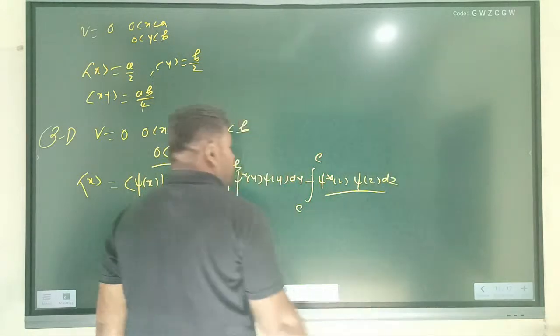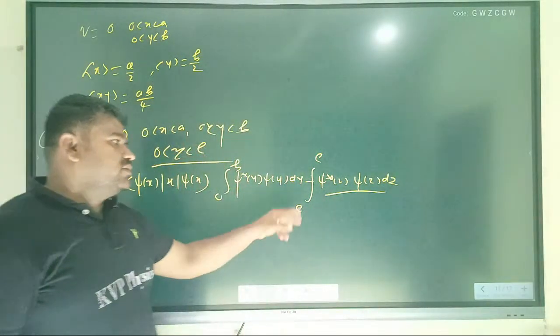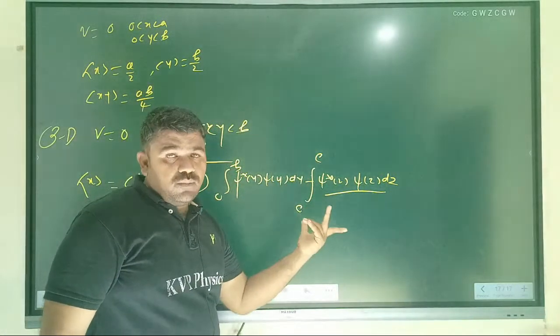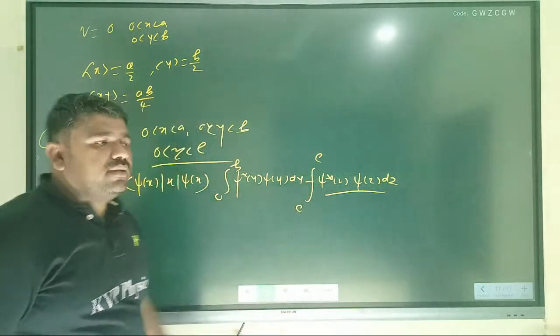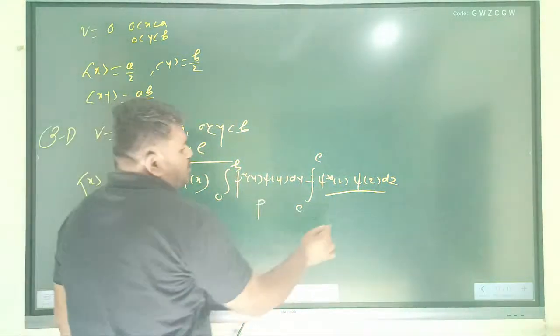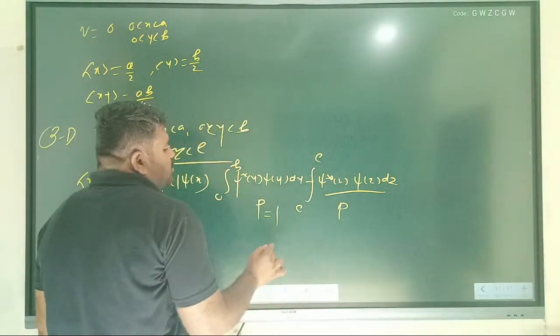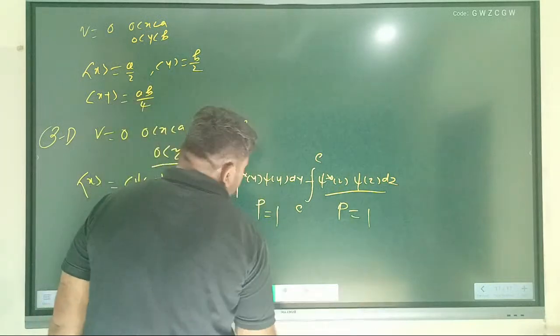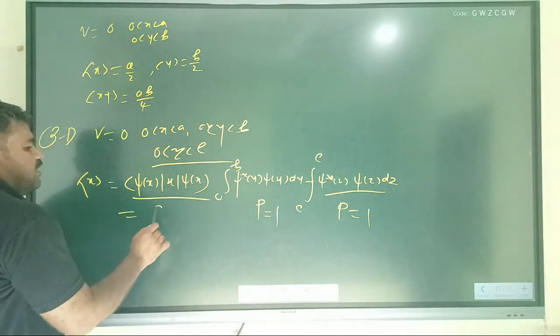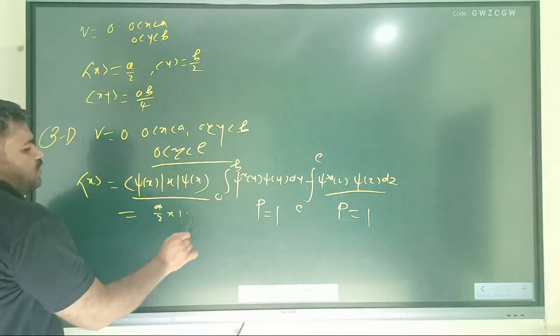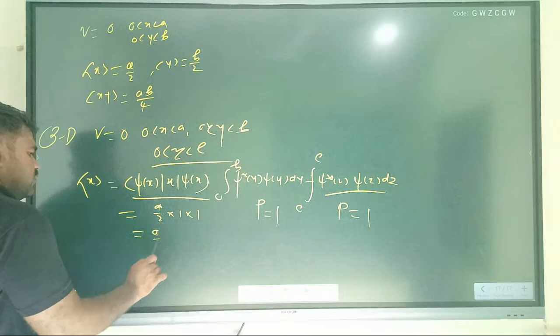This is nothing but the wave function in region 0 to a. Sin squared is nothing but the probability function, and we can take the integration within the probability. This is nothing but probability. In this region, what will the probability be? 1. This region probability is equal to 1. And the expectation of x is nothing but a by 2. A by 2 into 1 into 1 is nothing but a by 2.